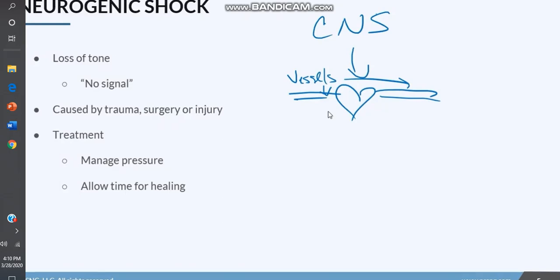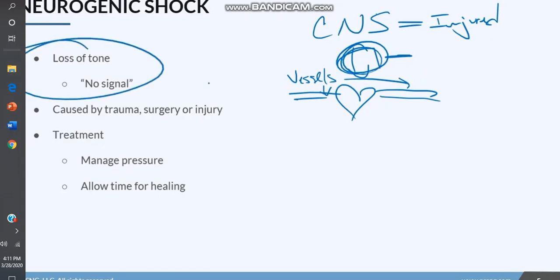And with neurogenic shock, there's an injury here. This becomes injured. So now this signal is disrupted. So when that happens, you have this thing called loss of tone. So the signal is what we're talking about. It's called sympathetic tone.